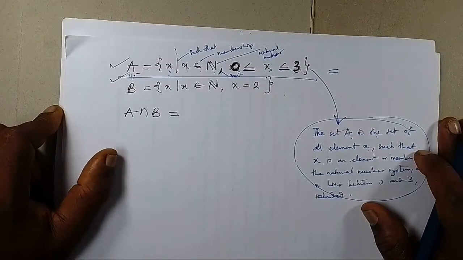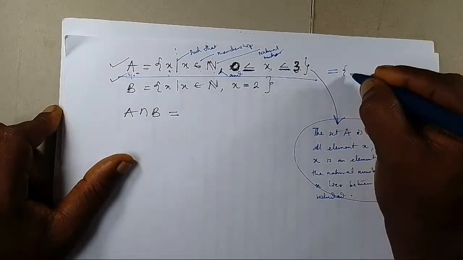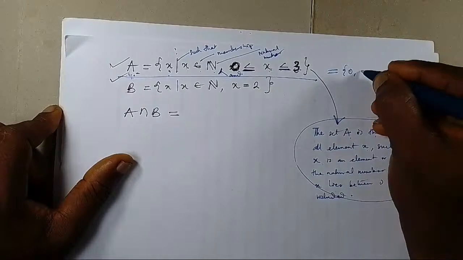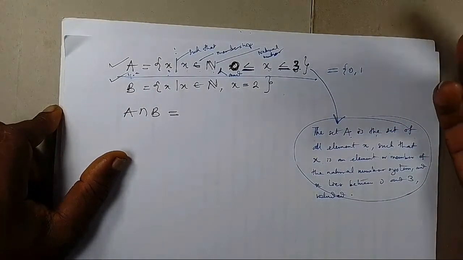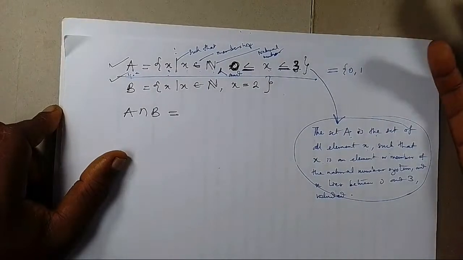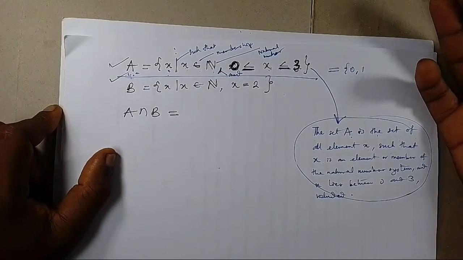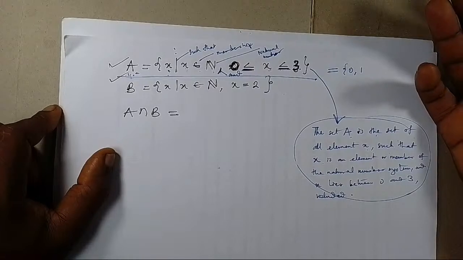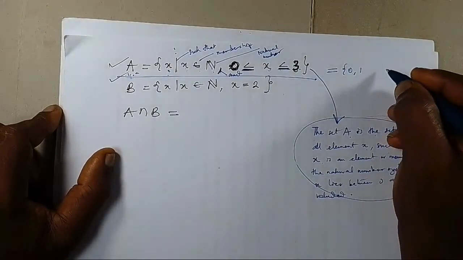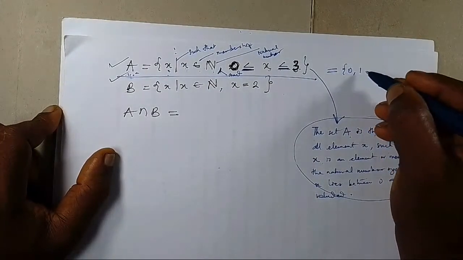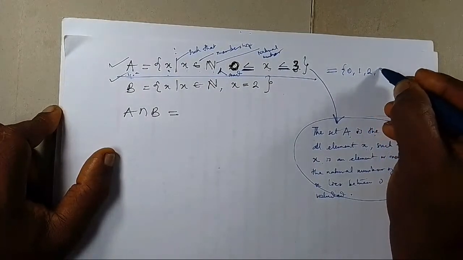That can be 0 and that can be 3. So we will say 0. Please take note, there is a school of thought that argues that 0 is a natural number. I belong to that school of thought. There is another school of thought that argues that 0 is not a natural number. So that's a discussion for another day. Now, 0 to me is a natural number. So I'm going to say 0, 1, 2, and 3.